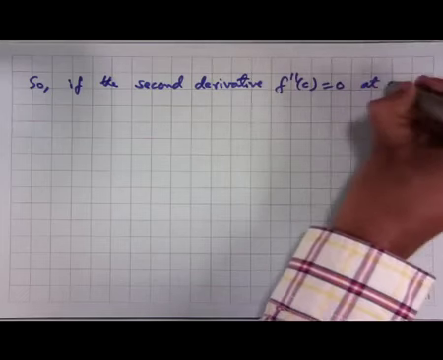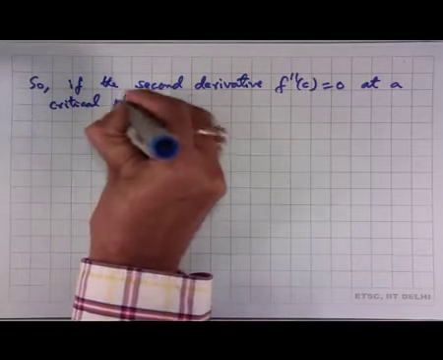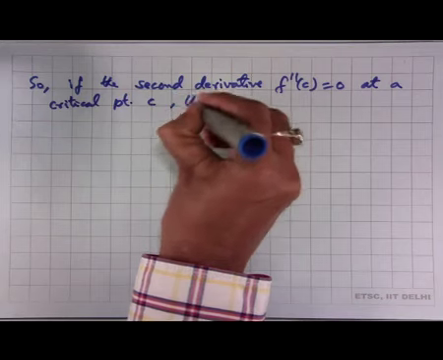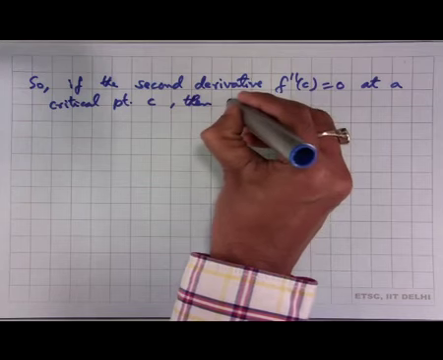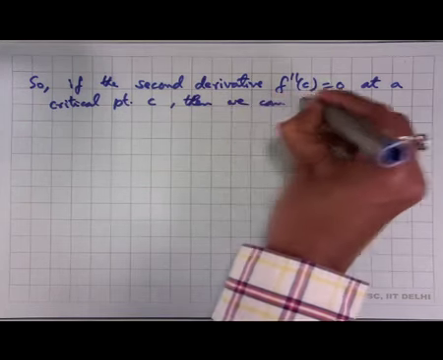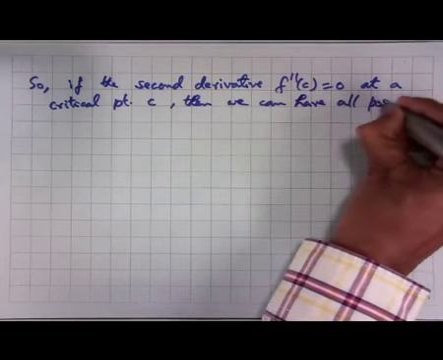So, if the second derivative f double prime c is equal to 0 at a critical point c, then we can have all possible cases.